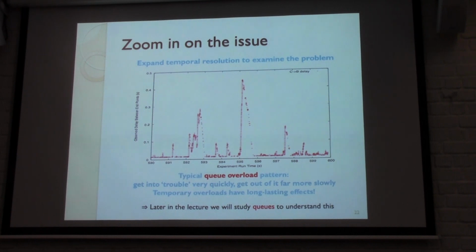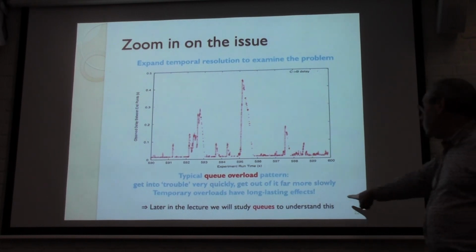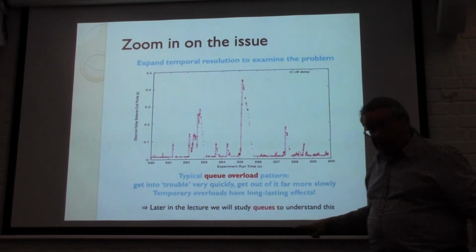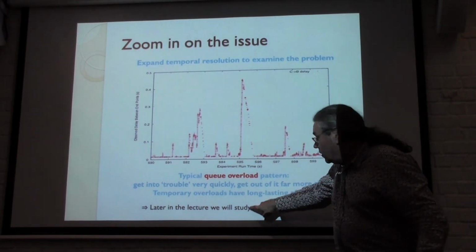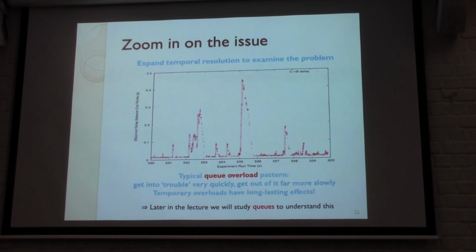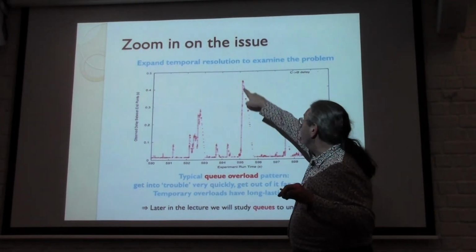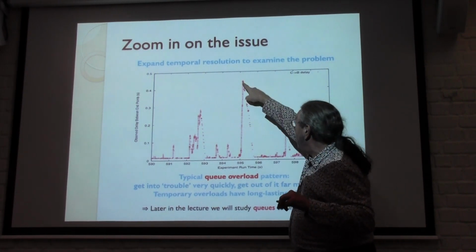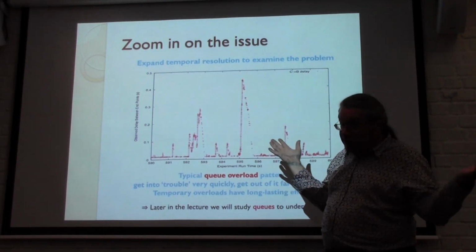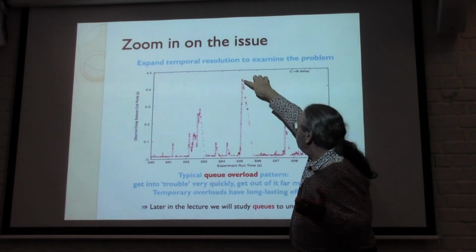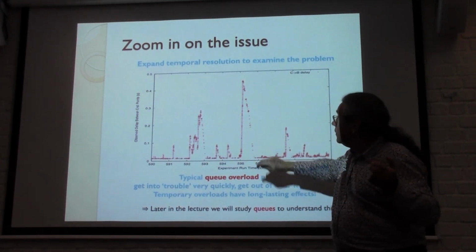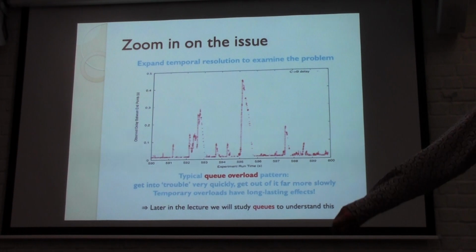But then if the load goes down again, the delay will stay high for a long time. And we will study queues. Part of the behavior of the delta Q is what it does with these queuing systems. So there was a queue overload. Very quickly we overload the queue, and then once the queue is overloaded, we're stuck for a long time. The system will behave badly.